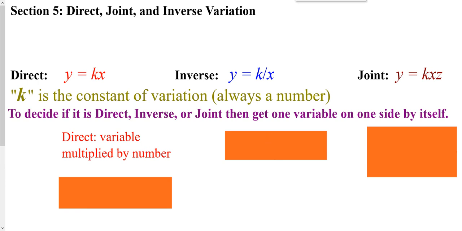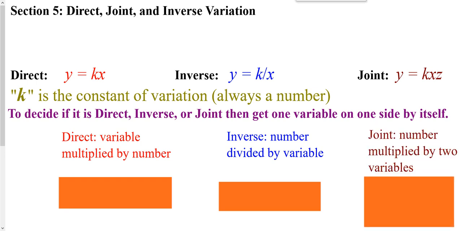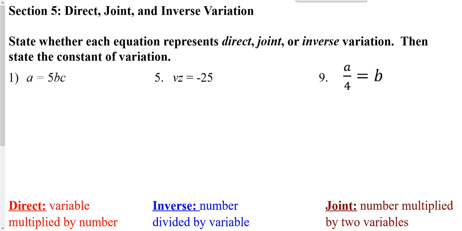With inverse, you always have a number divided by a variable. And that number, once again, is your constant of variation. And then with joint, you have a number multiplied by a couple of variables, where that number is your constant of variation.